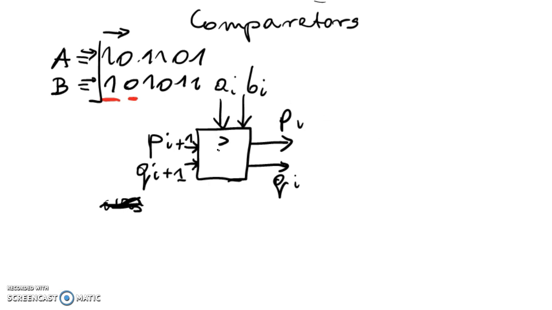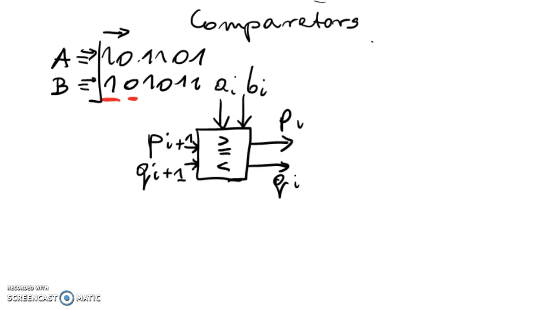cell of the comparator. So we need a 1-bit comparator, but one which can be connected to the other ones and combined to make an n-bit comparator.